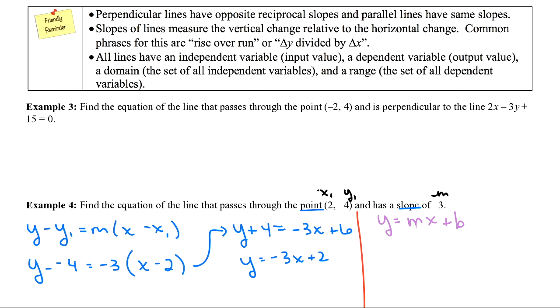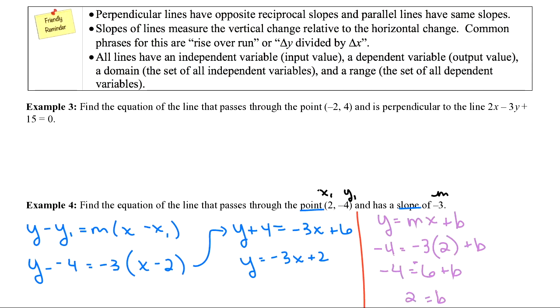So this would be then -4 is equal to my slope, which is -3, times our x coordinate of our point there, which is 2, plus b. So what do I know? I know that -4 is equal to -6 plus b. So b must be, when I add 6 to both sides, a 2.